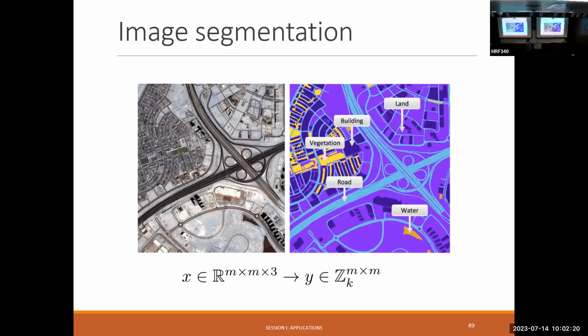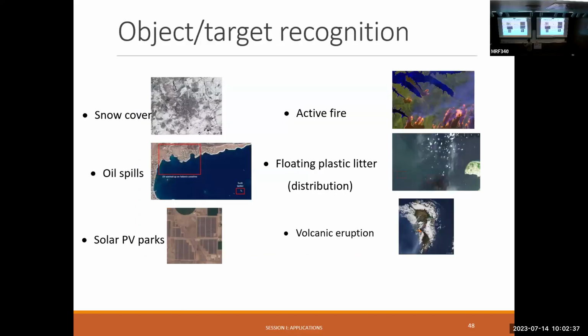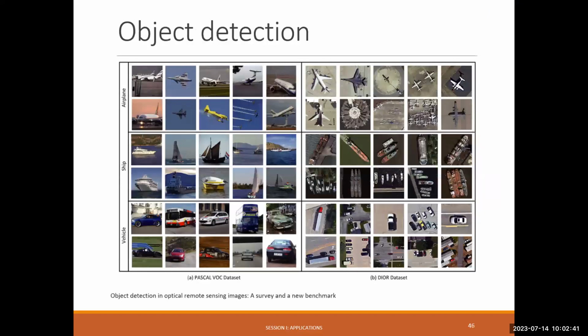So in this case, how many classes do we have? Land, building, vegetation, road, and water. So 5 classes. Each pixel takes one of 5 different values, and this is the pseudo-coloring scheme of these 5 values. So in image segmentation, you assign a value to every pixel. In object detection and classification, you try to identify one region that contains the thing of interest.